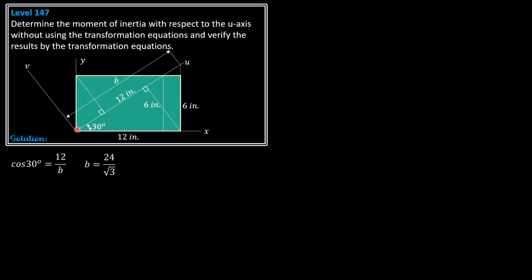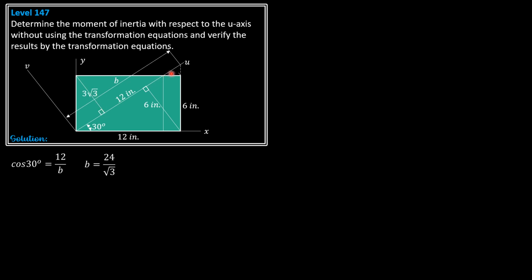This is 6 inches. And since this is 30 degrees, 60 degrees, it is 6 sine of 60 or 6 cosine of 30. Since cosine of 30 is square root of 3 over 2, this is 3 square root of 3 inches.